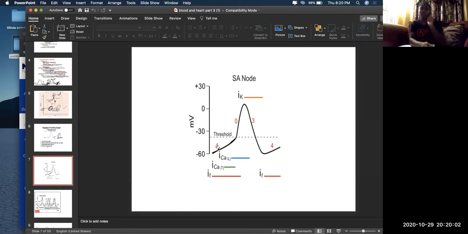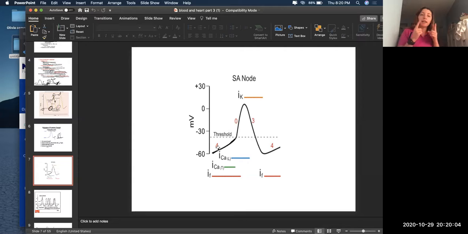Shortens it, because by shortening phase 4, the heart contracts faster since it depolarizes via these gap junctions more rapidly. It increases the frequency of the depolarization of the nodal cells, which spreads across the gap junctions. If I confused you, I'm very sorry.